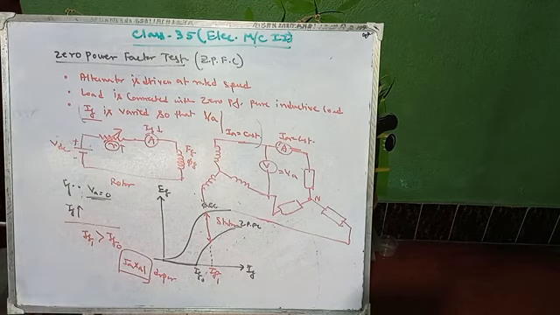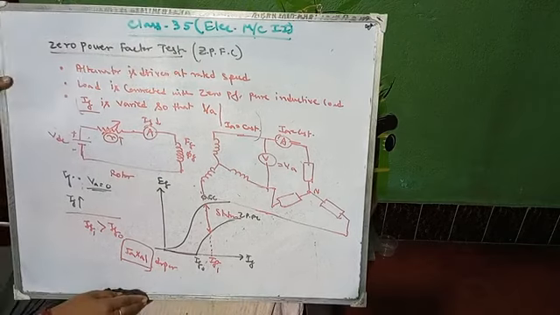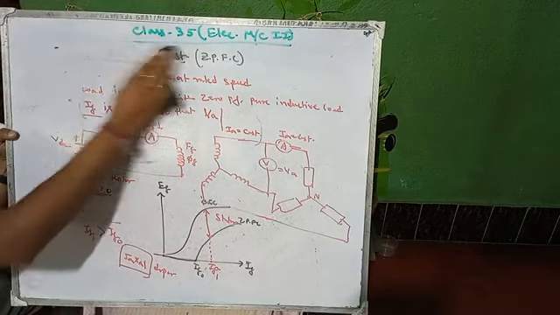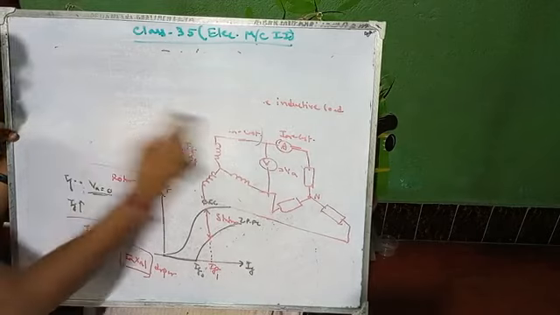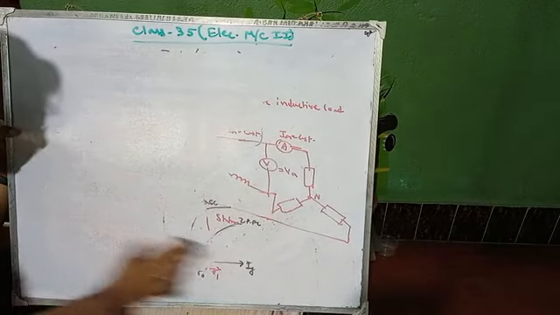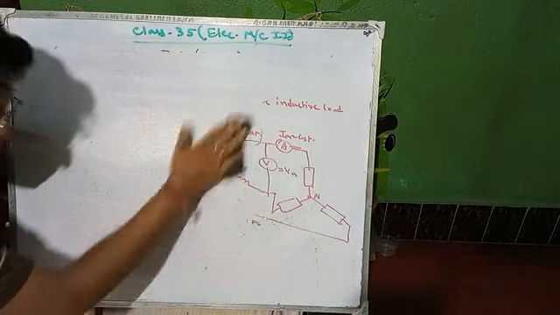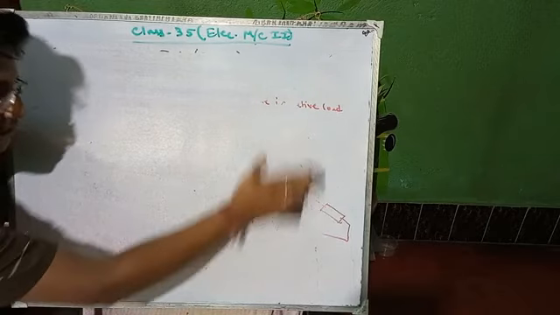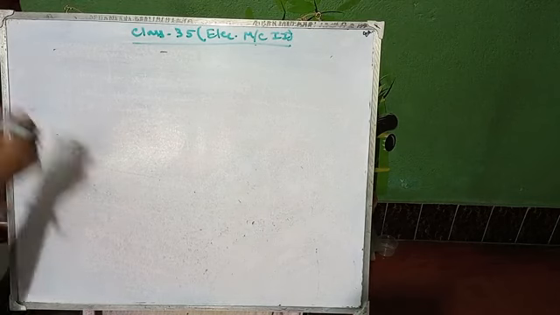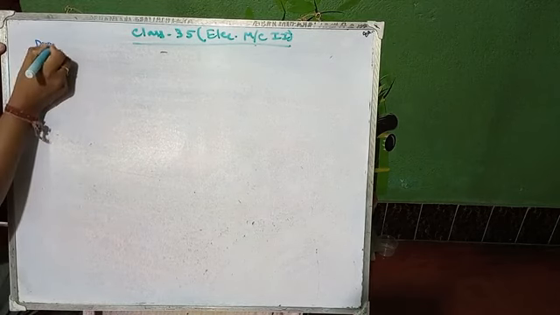Okay, so now I will move into the Potier triangle. So what is the Potier triangle? So the next heading: Potier triangle, drawn with the help of the ZPFC. Okay, so now write the heading, drawing of Potier triangle.